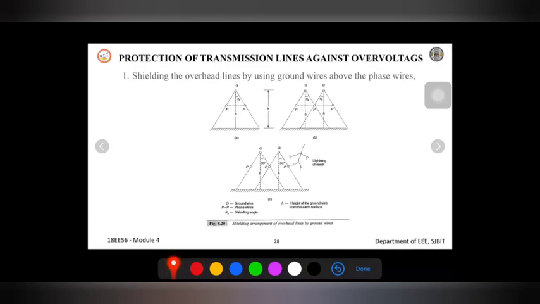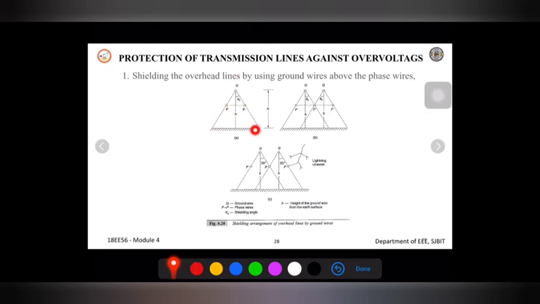If you look at this diagram here, P stands for a phase of the line, and you can see G above. G is a ground wire which will be connected at the top of the phase line, so that whenever lightning strikes, it strikes the ground wire, not the phase wire.